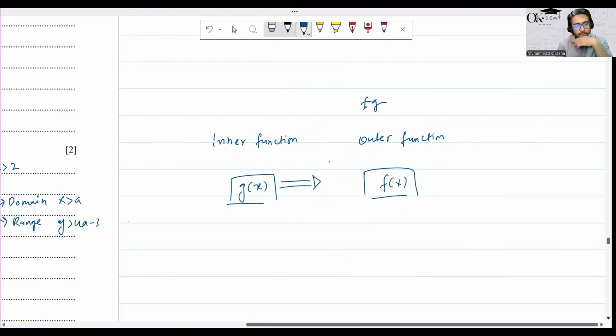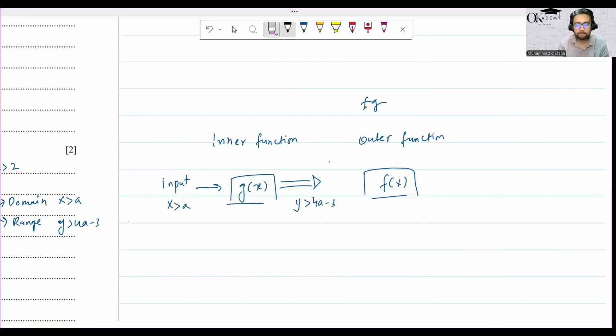So if you notice, there's a certain input going into the inner function, which is x greater than a. And you're getting a certain output, which is y greater than 4a minus 3, right? Now, we also know that there's a certain domain to this function, and that is x greater than 2, right? So if we have two composite functions, inner function and outer function, then remember this statement.